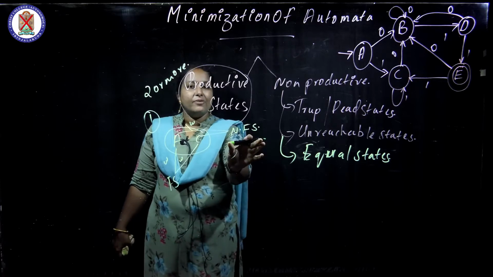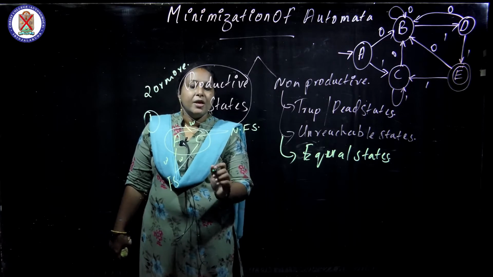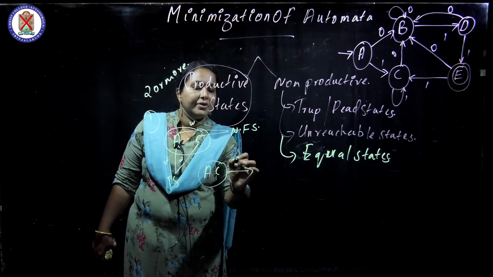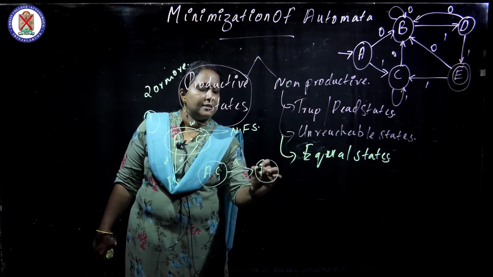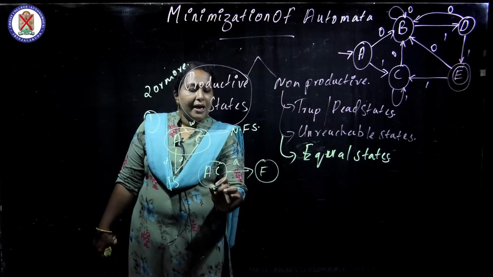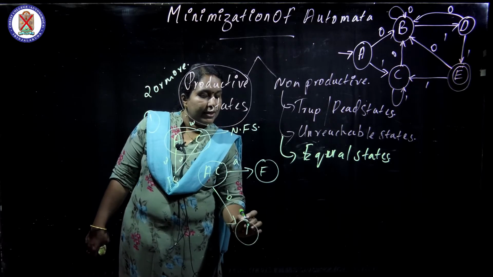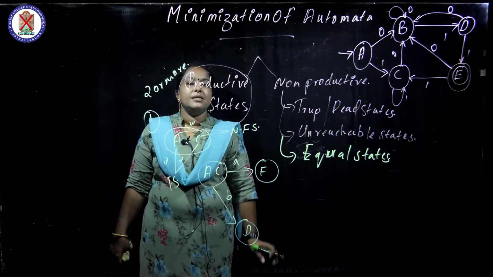I will say once again, then you will be clear. For example, A and C with alphabet A move to a state, say F. A and C with alphabet B move to state D. Then A and C can be merged.